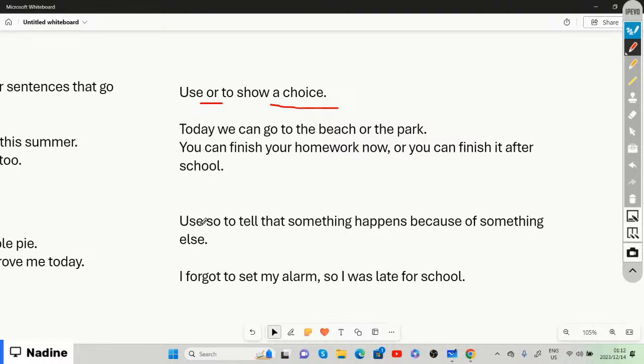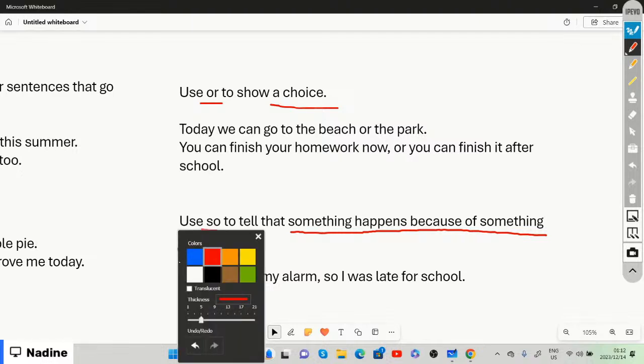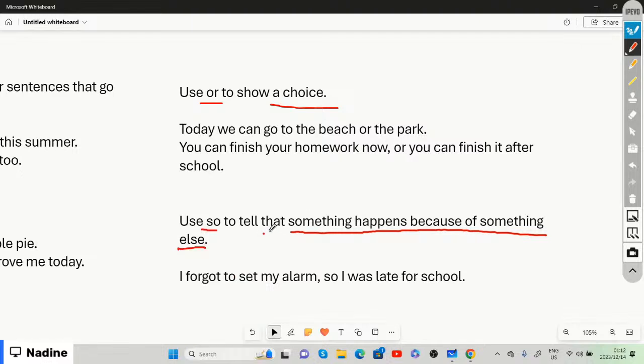And then lastly, we use so to tell that something happens because of something else.